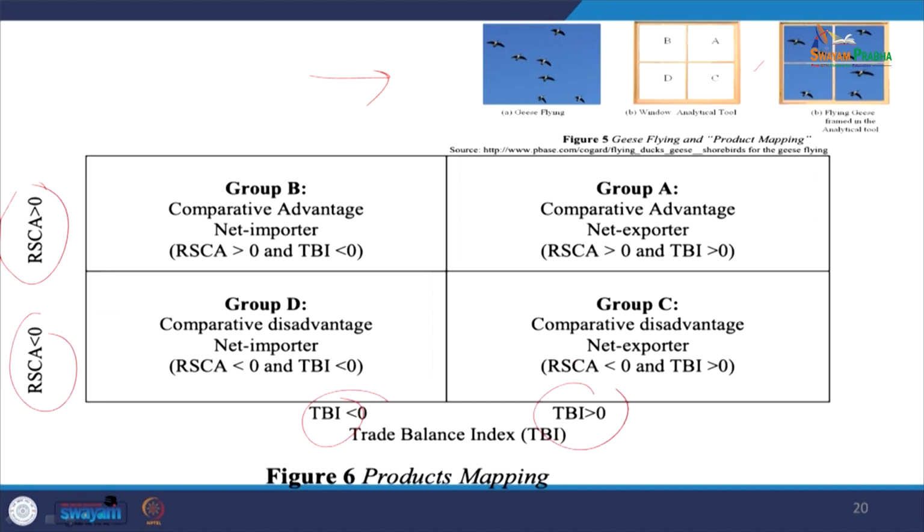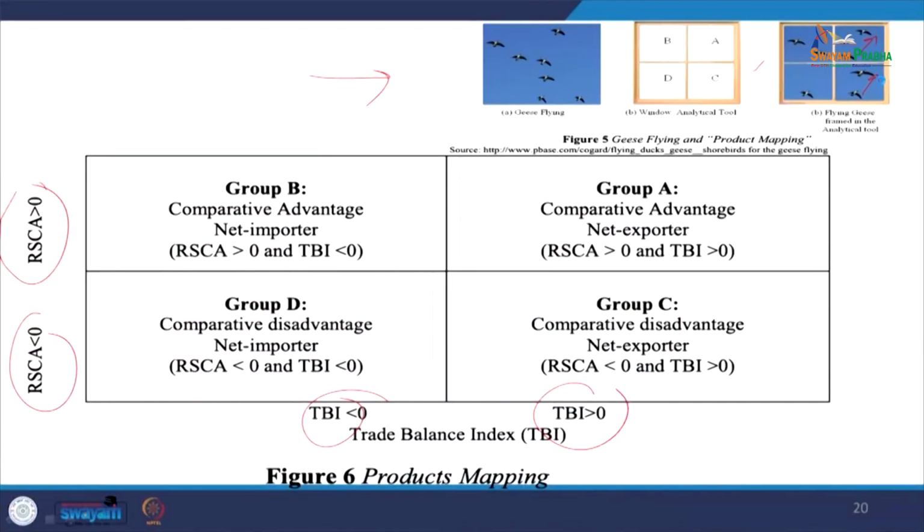It seems as if we are net exporters here, and here also we are net exporter so far as the TBI, trade balance index by Lafay, is concerned. Now, from the picture itself it seems here we are net importers, because there is no such clear addition here. So, there is possibility of imports.